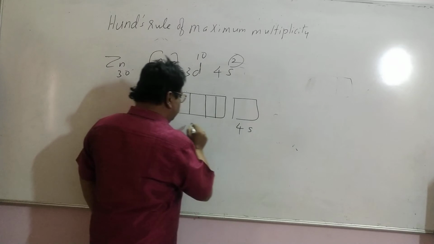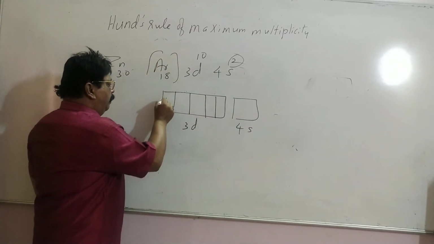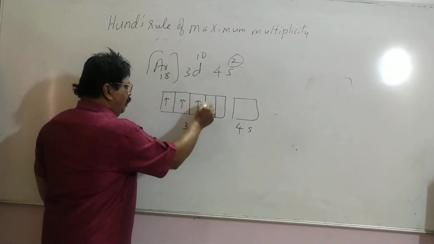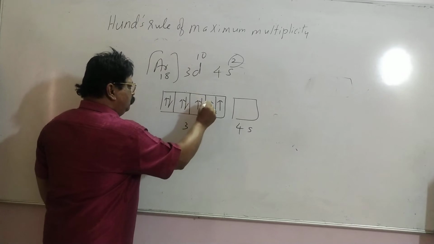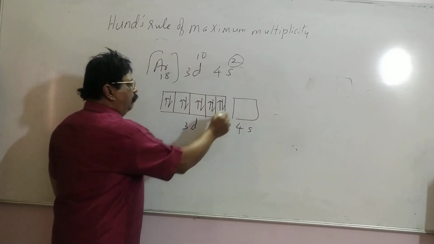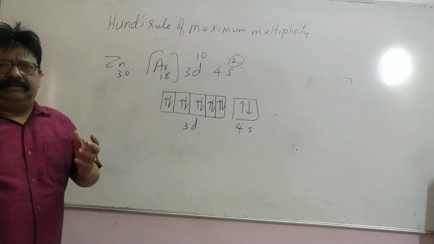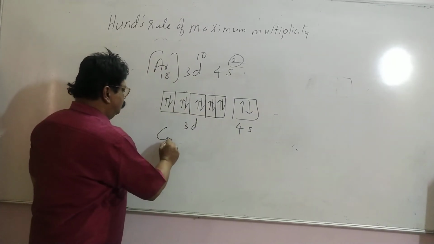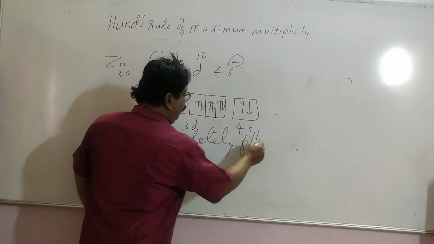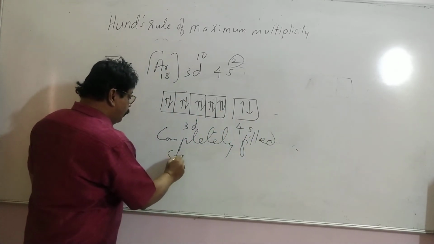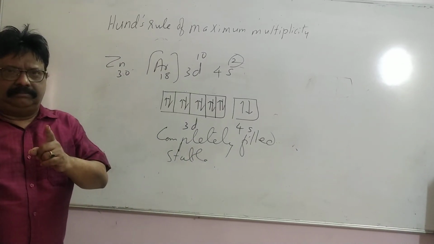So this is 4s, this is 3d. 3d10, 1 2 3 4 5 6 7 8 9 10, 4s2. It is completely filled, and completely filled is more symmetrical, so it is more stable according to Hund's rule. Is it clear?